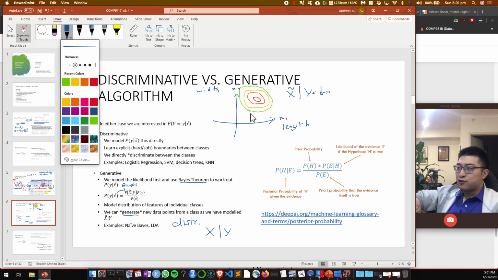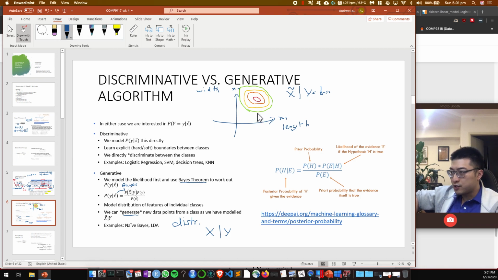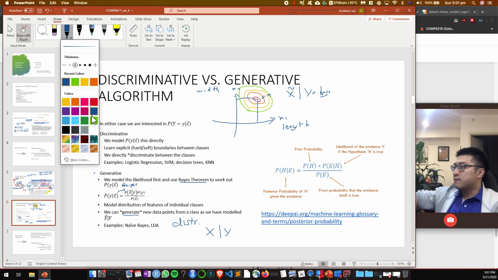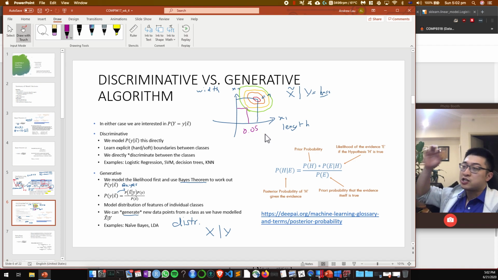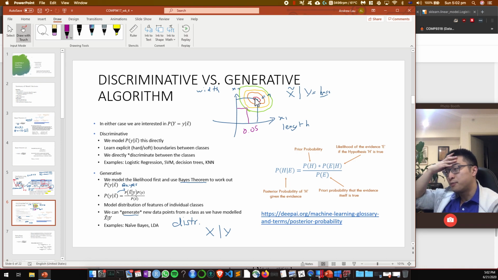The probability is super high here, right? So if you have some fish of this length and this height, maybe it's a 0.9% chance according to this model of it being sea bass. And then maybe you put in another data point here, and it's far less likely. Maybe this one only has a 0.05% chance of being sea bass. So this is the contour plot.